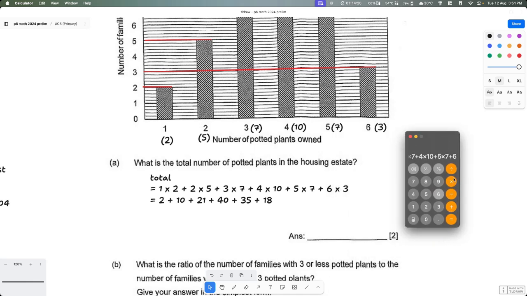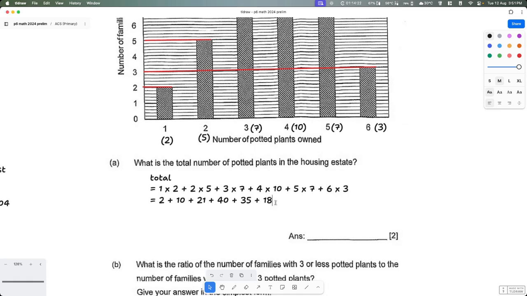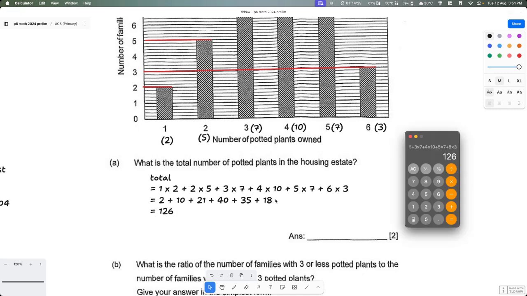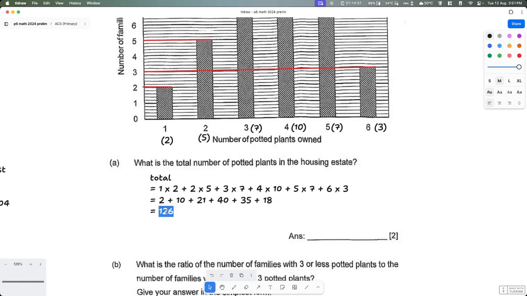This is 126. Let's double confirm with our calculation: 2 plus 10 plus 21 plus 40 plus 35 plus 18 is 126. There you go. So the answer to this question is 126 potted plants.